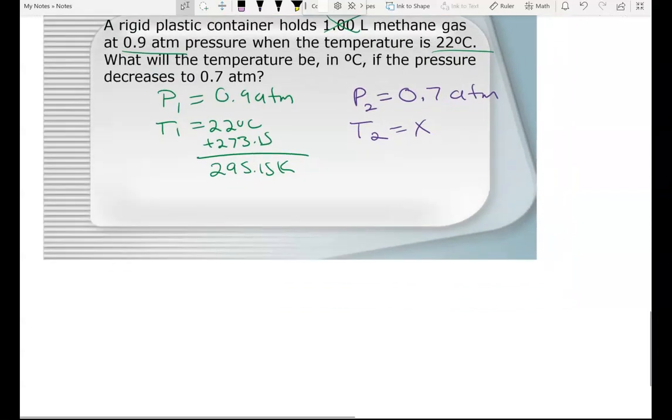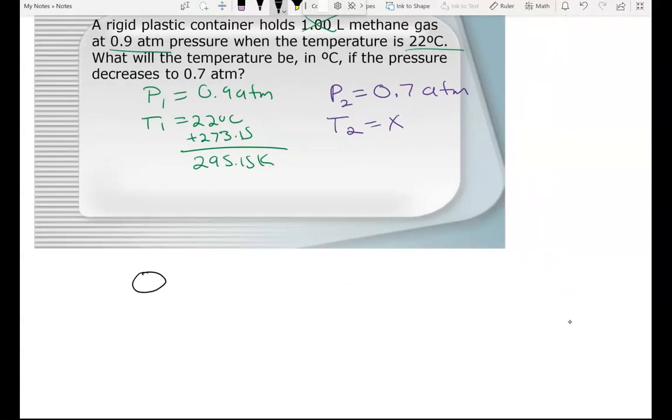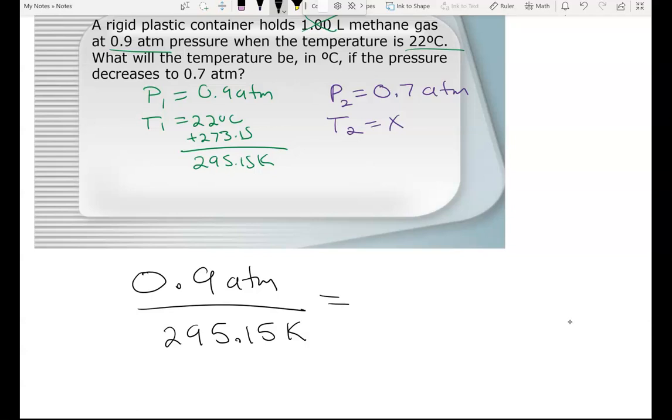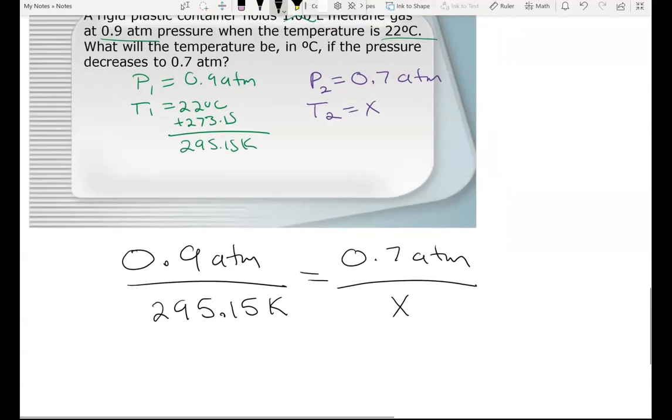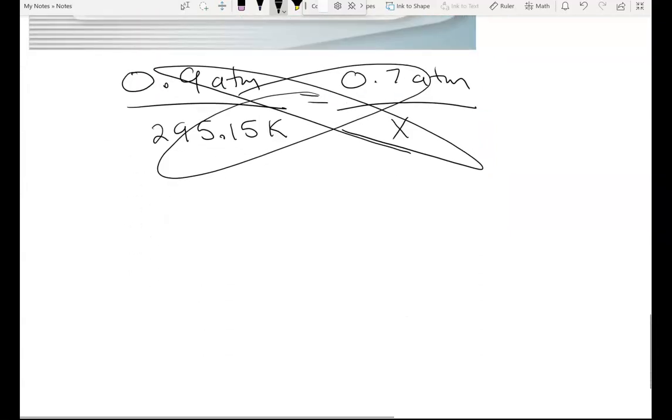All right, I'm going to plug into my equation. I have my P1, my initial pressure is 0.9 atm. My T1, my initial temperature is 295.15 Kelvin, is equal to our final pressure, which is 0.7 atm. Both of our pressures are in atm, so that's great. And then we're going to be solving for our T2. So again, we're going to cross multiply.